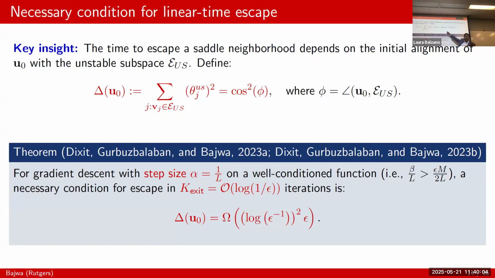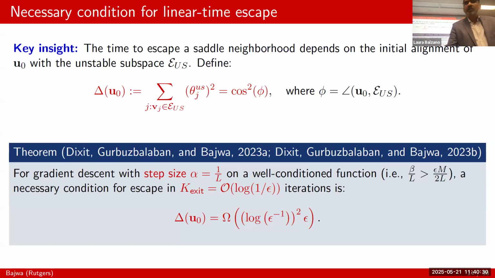If your cosine square phi is 0, you are making a pi by 2 angle with the unstable subspace, which means that if you're orthogonal to the unstable subspace, you are not going to escape. That's what this means. So if this quantity is too small, which means you are getting closer and closer to pi by 2 with the unstable subspace, you cannot escape.